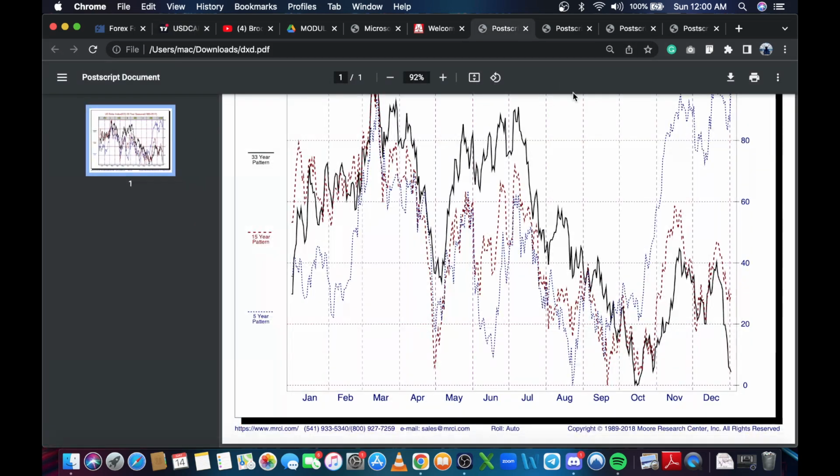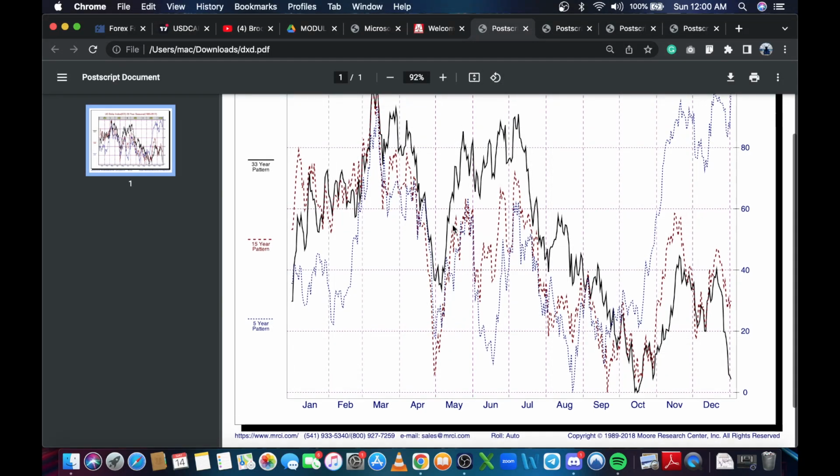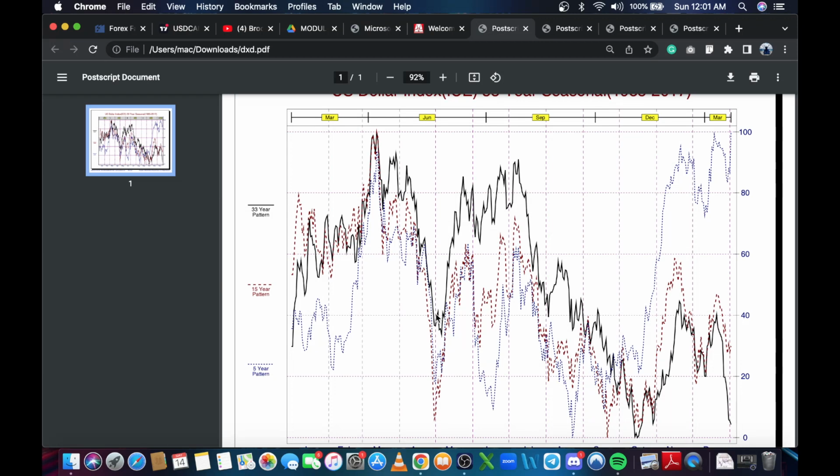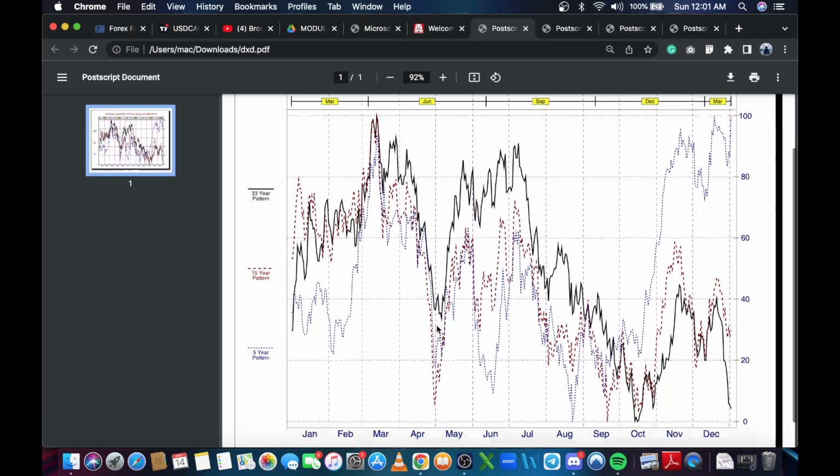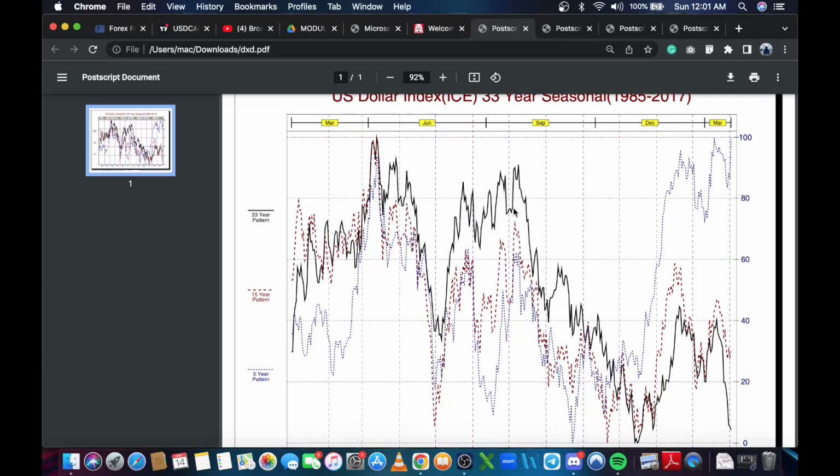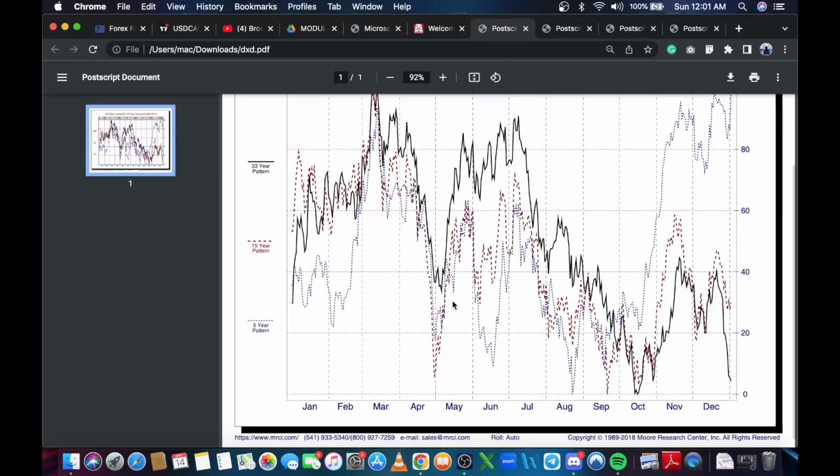Now, what you can see here is during the month of May going into June on the 33-year seasonal, there's a very strong potential for dollar to rally going into June, July. On a 15-year pattern, there's a very strong tendency for dollar to rally from May going into the end of the month, and also on the 5-year time period.